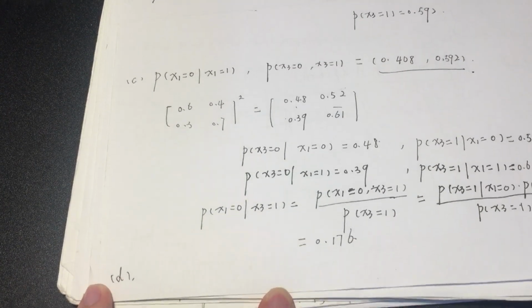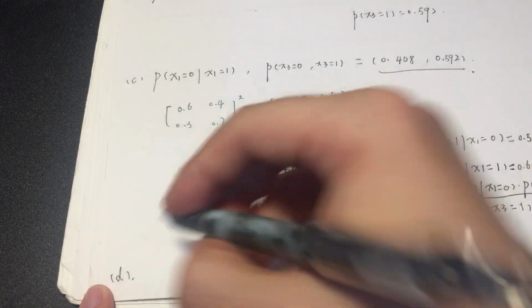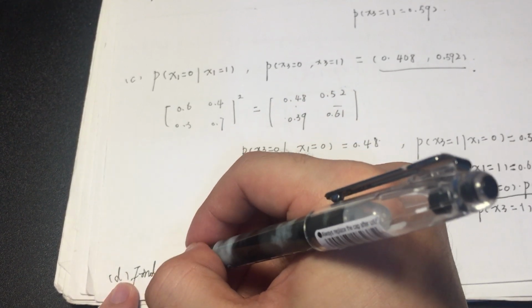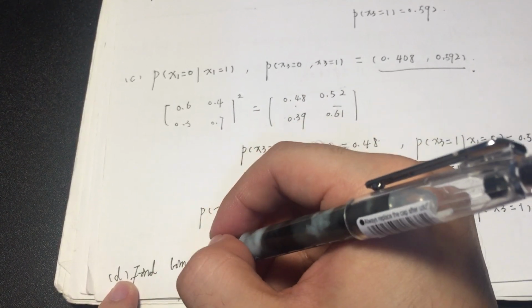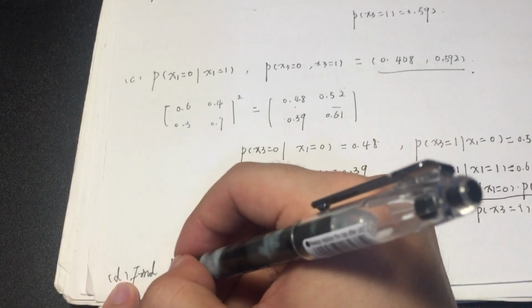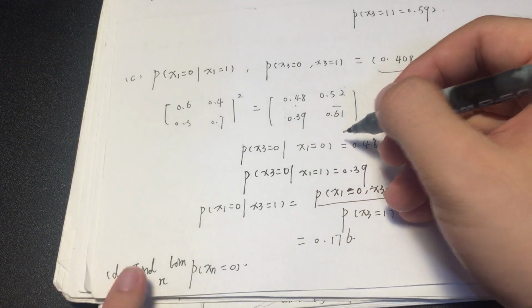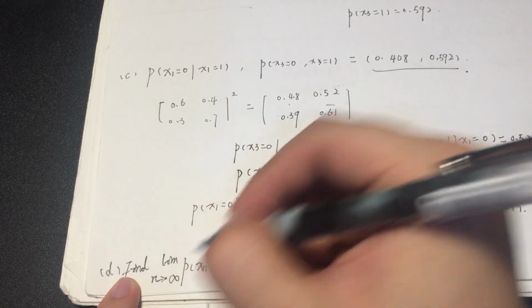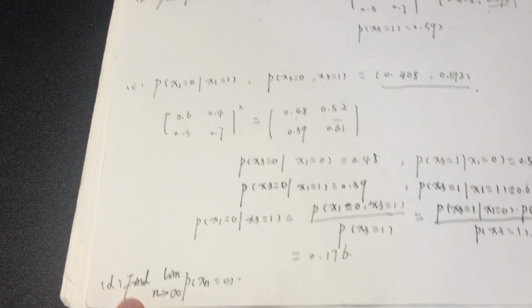Right. The next question is about finding the limit. Find the result of P(xn = 0) when n tends to plus infinity.